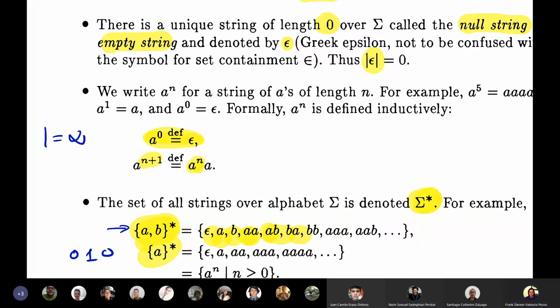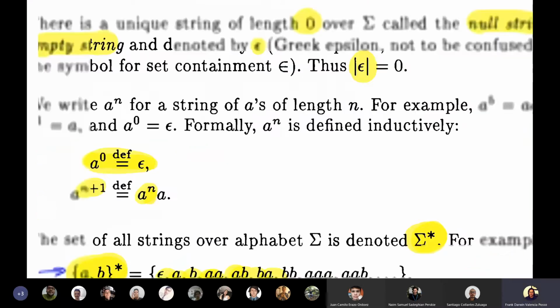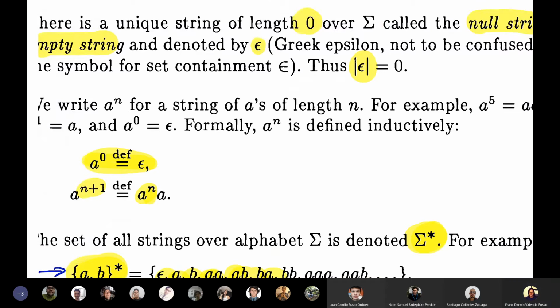So, one question. Sigma is a finite set, right? You know that. By definition, sigma, the alphabet, is always finite. Is sigma star finite too?